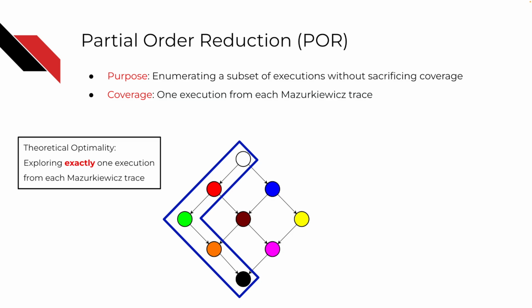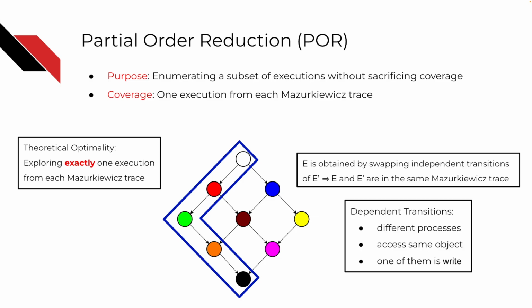If it is exactly one from each equivalence class, then the corresponding POR algorithm is considered to be theoretically optimal. Two executions are considered as equivalent if one can be obtained from the other by swapping adjacent independent transitions. We say two transitions are dependent if they are from different processes, they access the same shared object, and one of them is a write. Otherwise, they are independent.